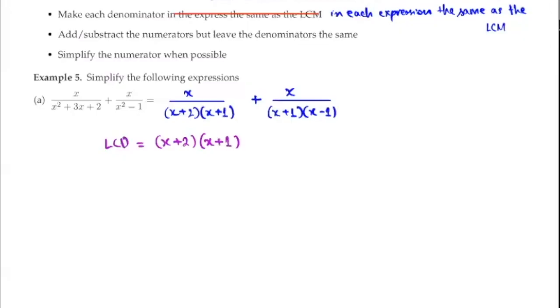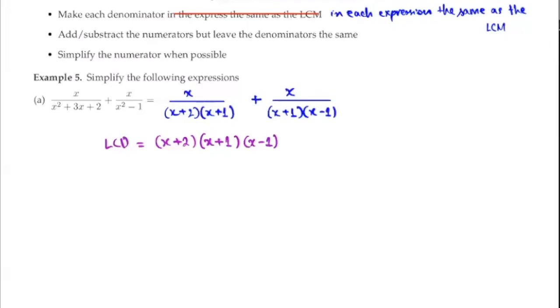Okay. Now you're done with the first expression. Move on to the second expression. x plus 1, the factor x plus 1, you already got it. So ignore it. You with me? Then the next factor x minus 1, go to the LCD. And that is your LCD. In the next example, we get a factor squared, it's going to be a little bit different. So that's the LCD, that's the second step.